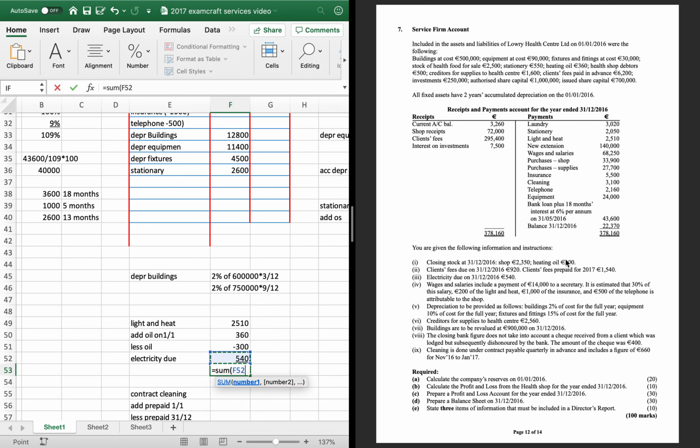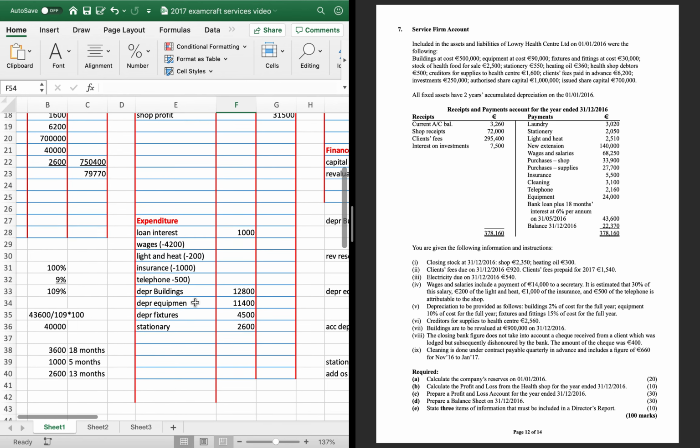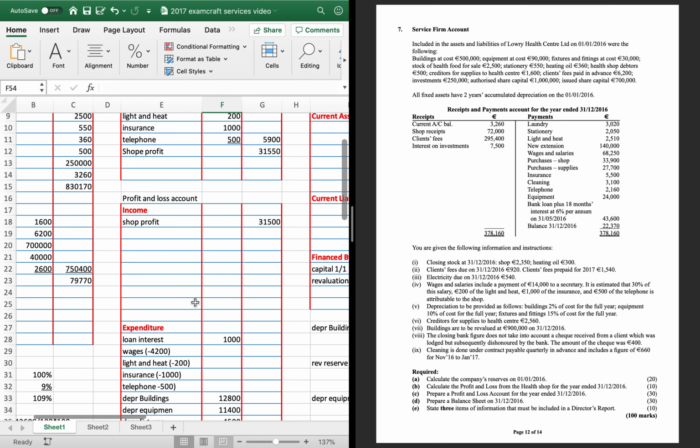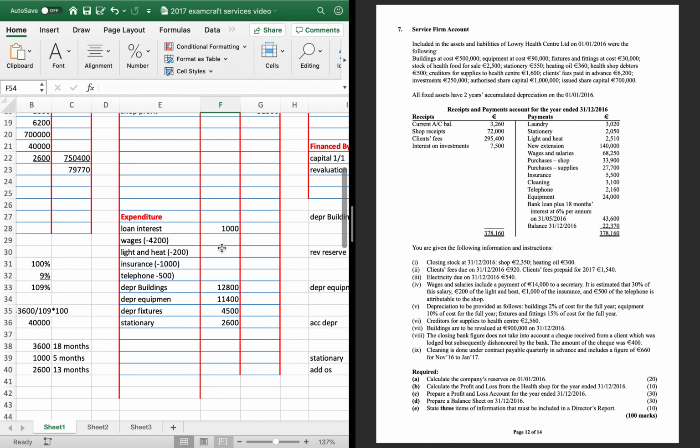Dues at the start of the year you take away, dues at the end of the year you add on. And that gives you your light and heat of 3110. So we put in our 3110 as our expense, and we see there's a 200 also to be taken away. So 3110 minus 200 is 2910. Okay, so that's our light and heat done.